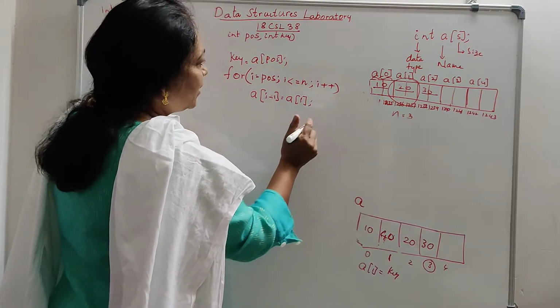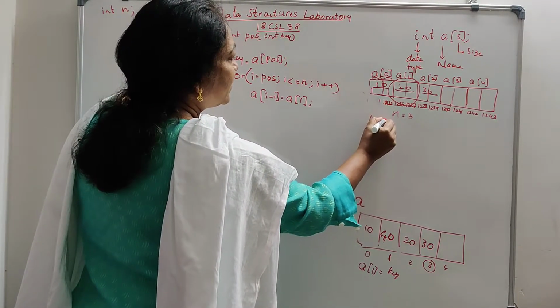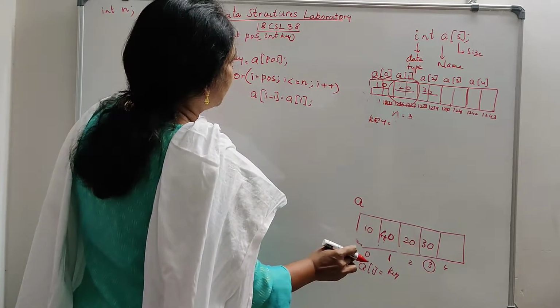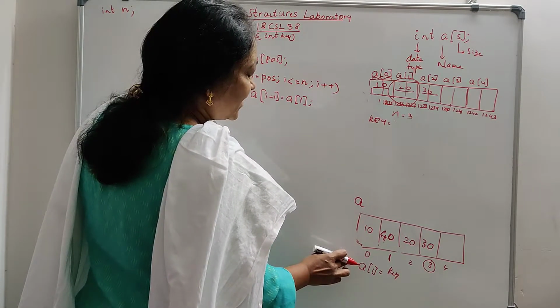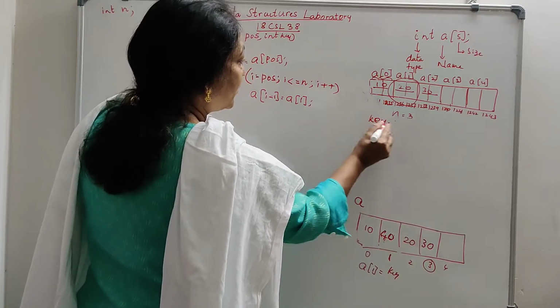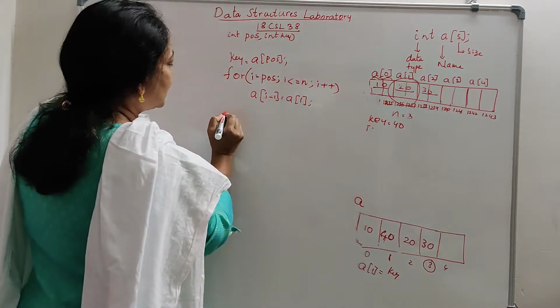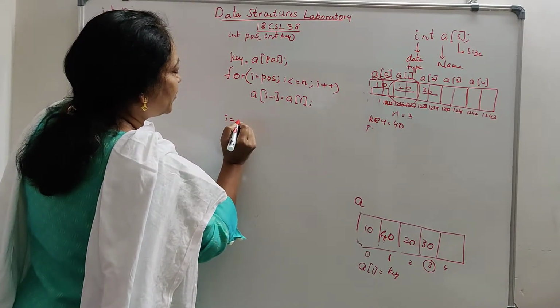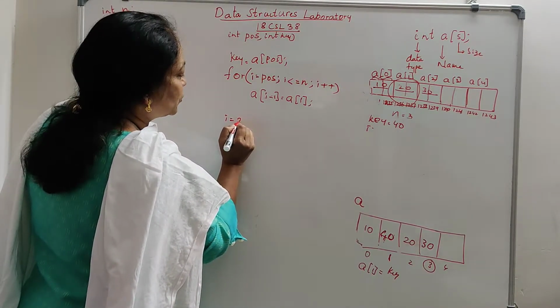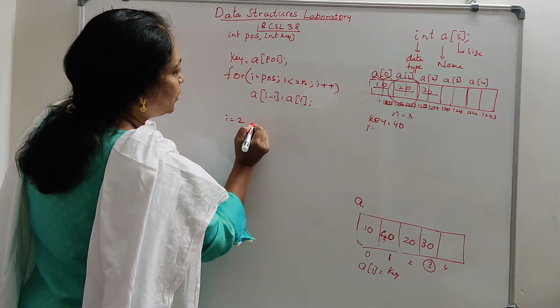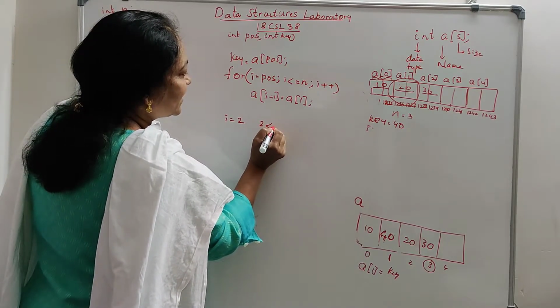This is a scenario. So key is equal to a of position, and a of position is nothing but this 40. So key is equal to 40. Next, I is equal to position, that is 2, and 2 is less than or equal to 4.